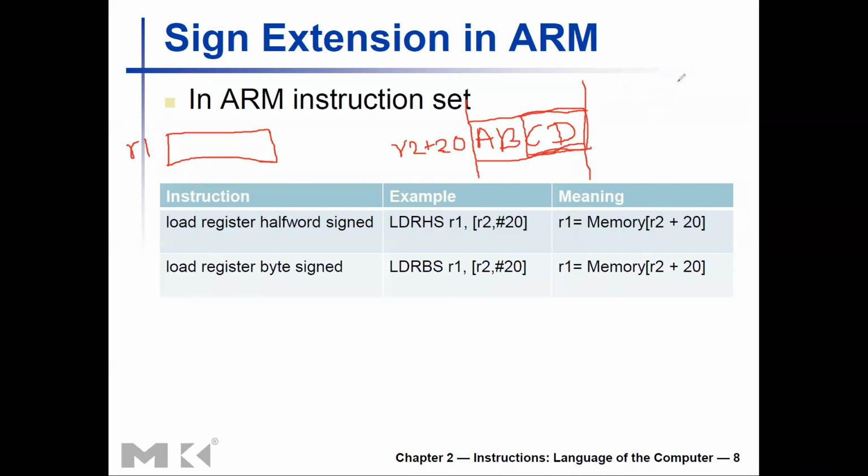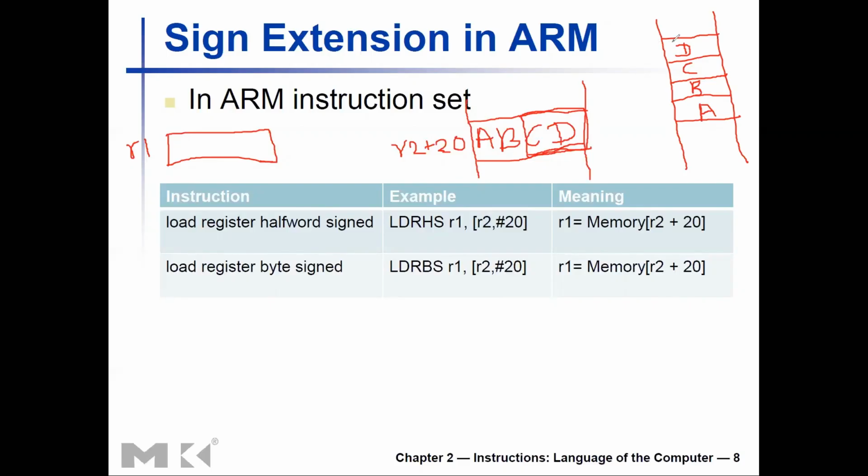If you look at the memory, it's going to be something like this. More precisely, it will be something like this. This D is the little endian and big endian notation that we discussed, I hope. So in ARM, you use little endian notation where you store the least significant byte in the lower address.